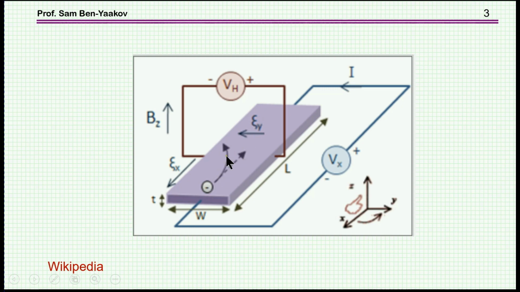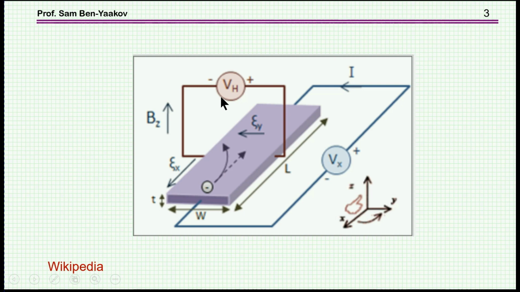Therefore there will be an accumulation of electrons on this side and a lack of electrons on this side when a current is passing through the device. Consequently, you'll have a potential difference, negative here and positive here, and this is the Hall effect. This is the voltage you measure, which is a function of the magnetic flux going through this device. So this is the very basic concept.